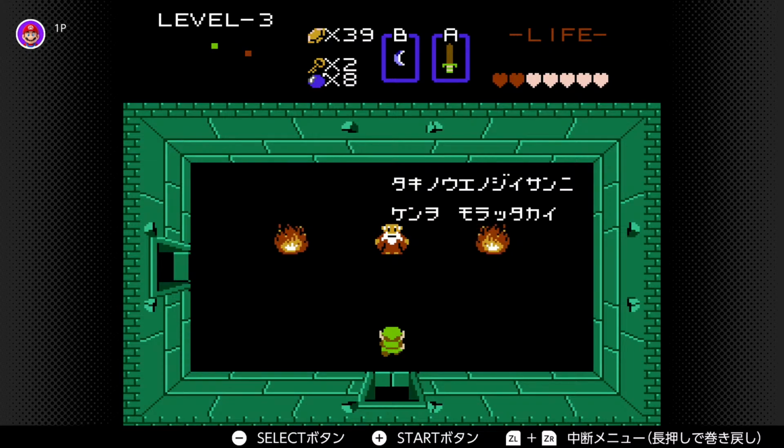So from the old man at the top of the waterfall, ken, o. Ken is the Japanese word for sword, and o is the usual object particle. So the sword.